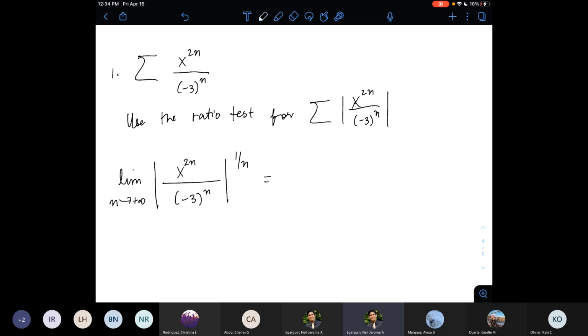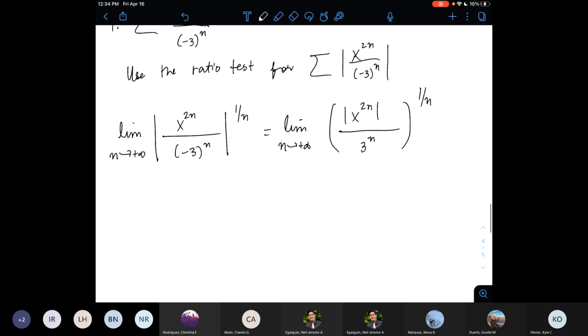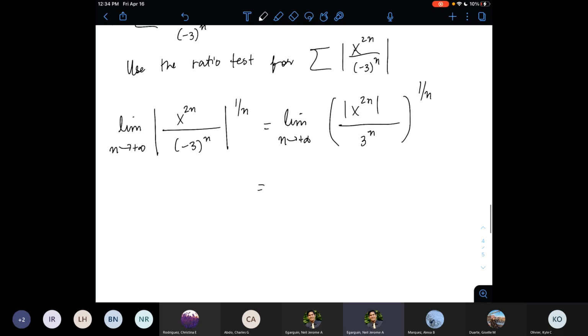Okay, so simple manipulations here. I can get rid of the absolute value bars by saying that this becomes x to the power 2n all over 3 to the power n as n approaches infinity, everything raised to 1 over n, right? And then what I can do here is distribute the power 1 over n to both numerator and denominator.